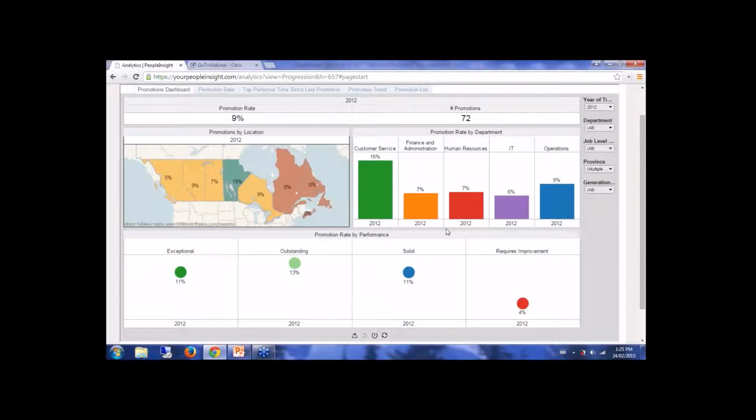But what you'll start to see here is the ability to look at promotion rates, but drive that back into the context of performance ratings. So are we promoting our top performers?